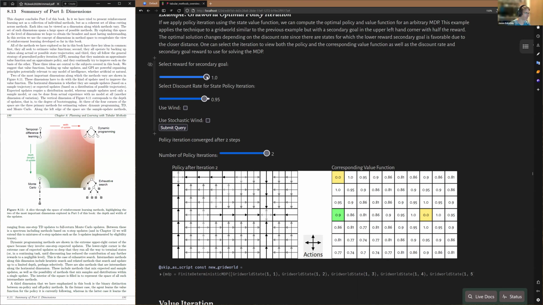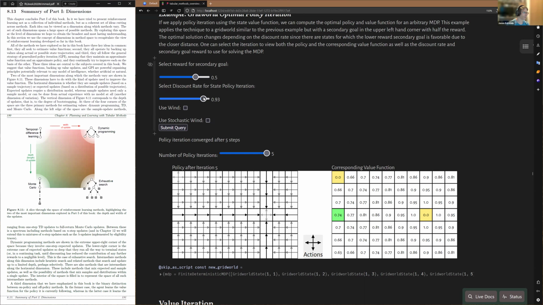Now there's a secondary goal with a reward of 0.5. So remember, this goal has a reward of 1, and this goal has a reward of 0.5. So it's a lower value. Now, depending on the discount rate, it actually will make sense to pursue this goal.